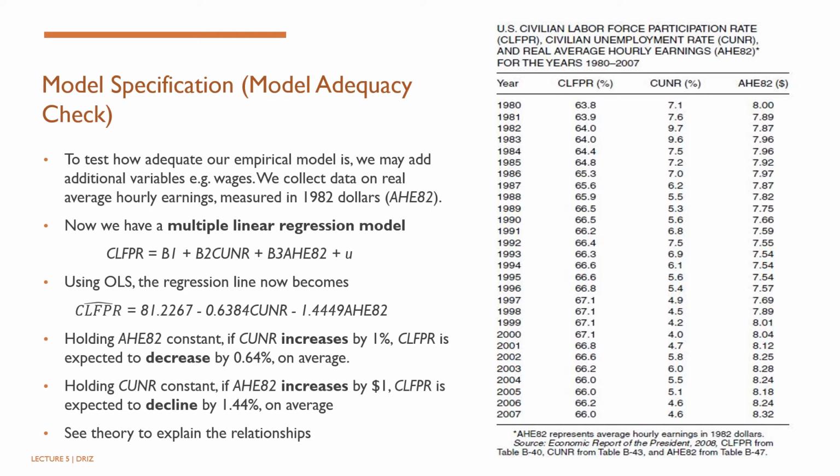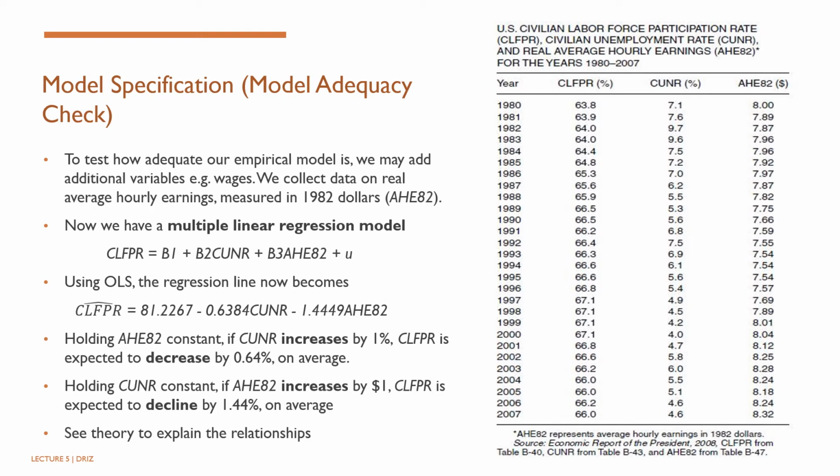The regression line now becomes CLFPR hat equals 81.2267 minus 0.6384 CUNR minus 1.4449 AHE82. These results are interesting because both the slope coefficients are negative.